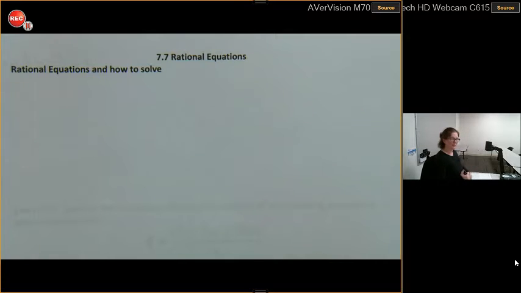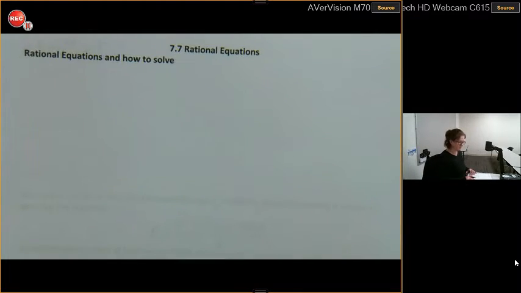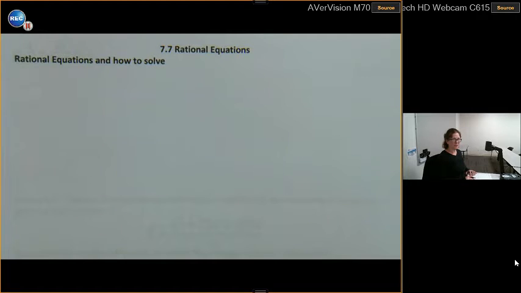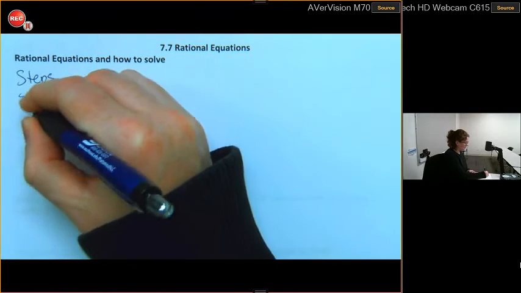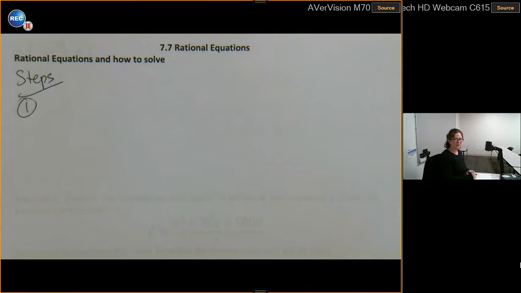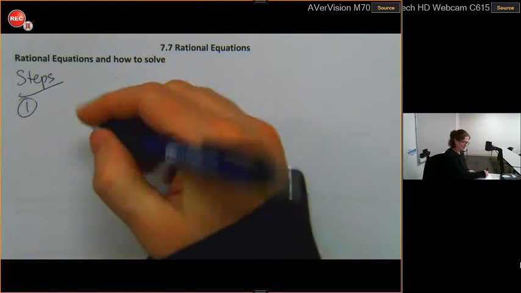Section 7.7, rational equations. Rational equations are equations containing rational expressions. Steps to solve. The first step is to determine the LCD of all fractions.